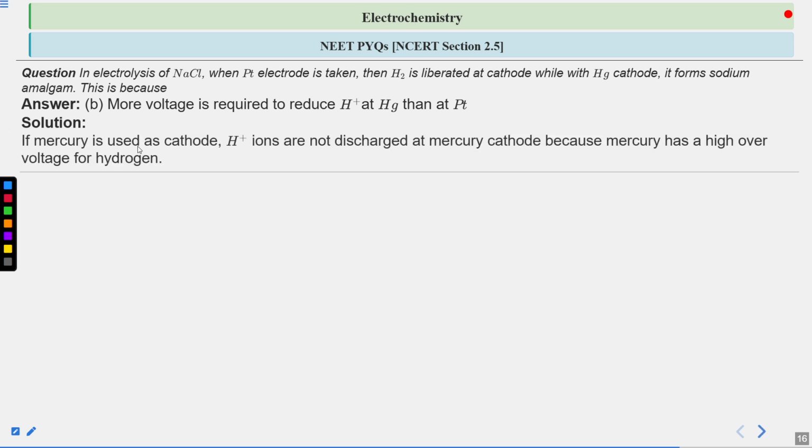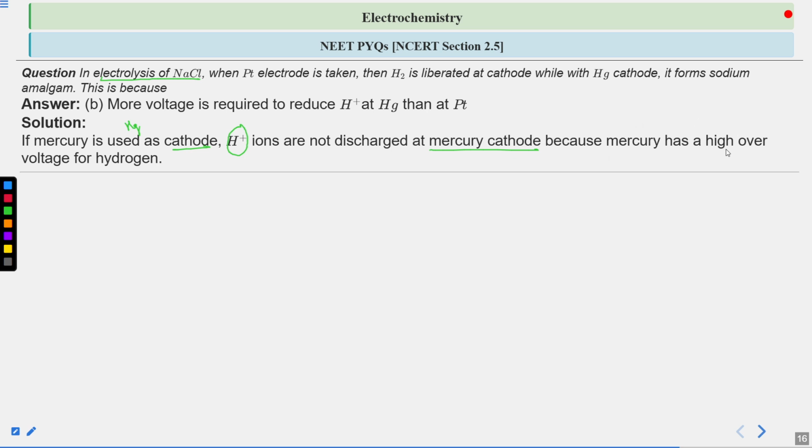If mercury, Hg, is used as the cathode in the electrolysis of sodium chloride, H positive ions are not discharged at the mercury cathode. Why?